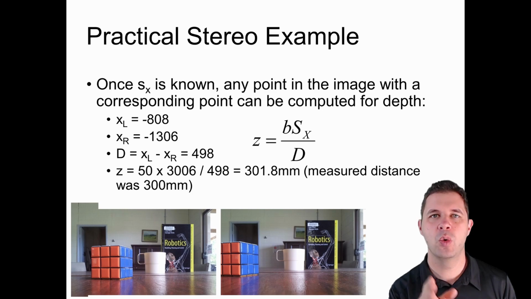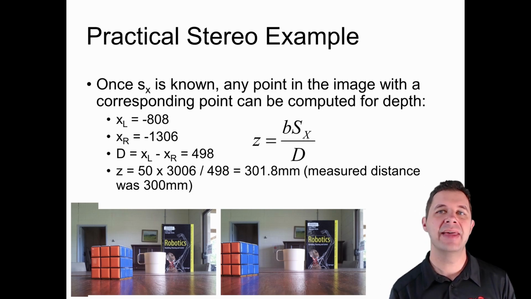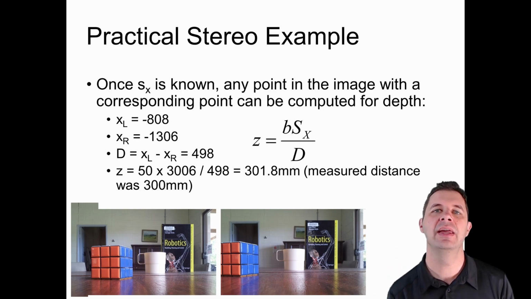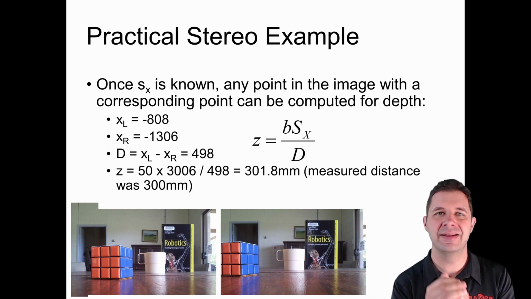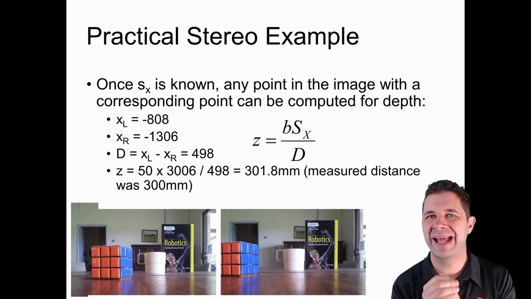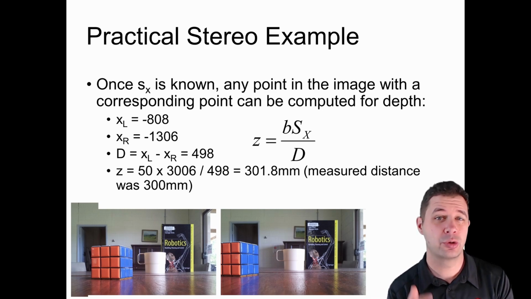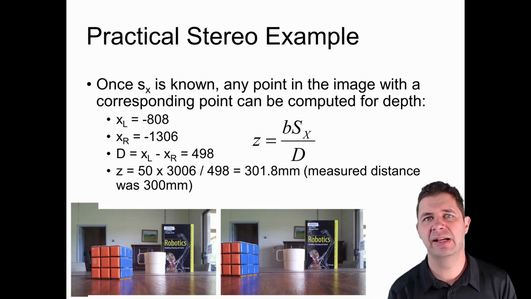In this case, it's one of the corners of our Rubik's Cube. We calculate our disparity based on that. And then we can use our equation, Z equals B SX on D, to work out our depth in our image. And here we've calculated our depth to be 301.8 millimeters. The actual depth was 300 millimeters, which is really pretty close.